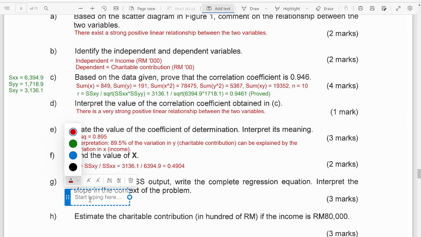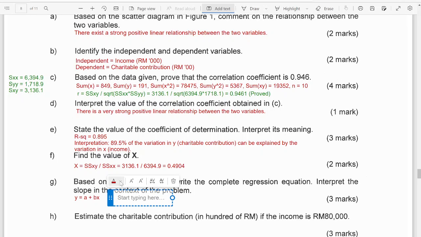So the general form of the equation is y equal to a plus bx, right? So you can write the equation as y equal to, what is the constant value a?